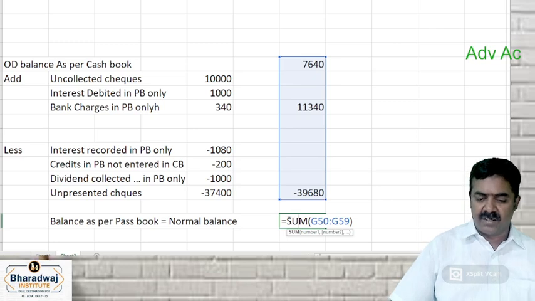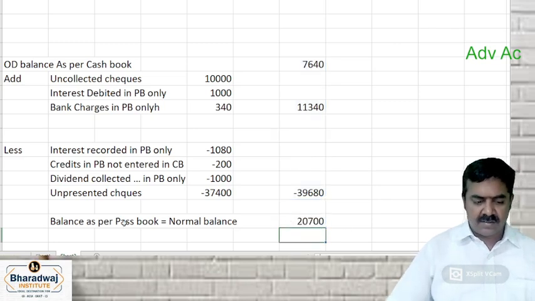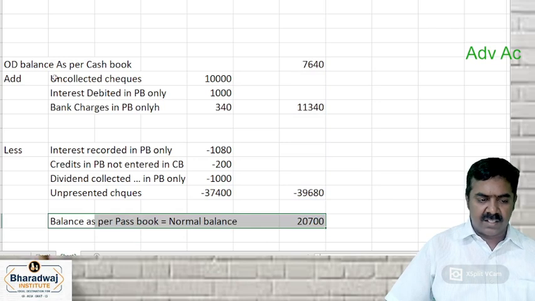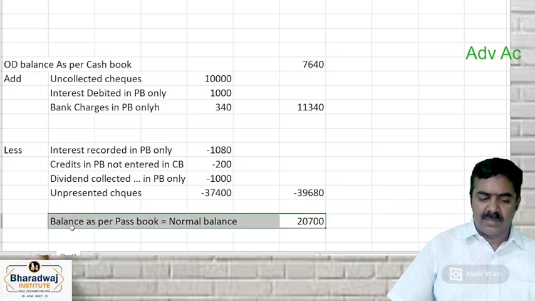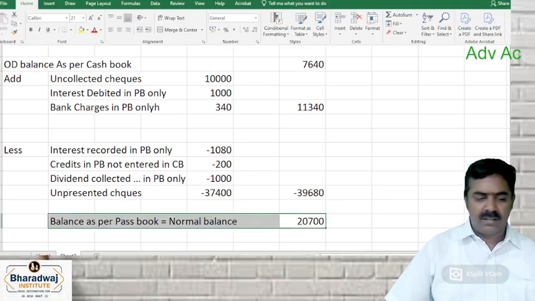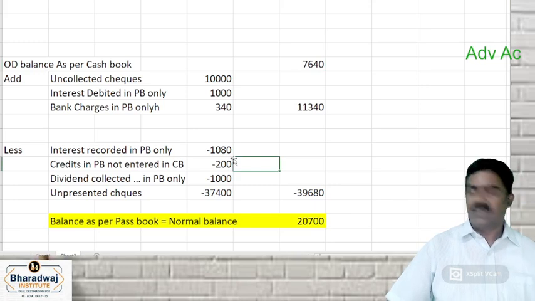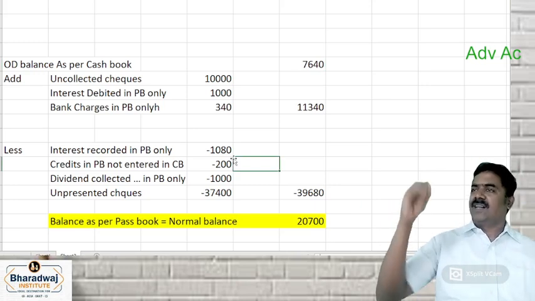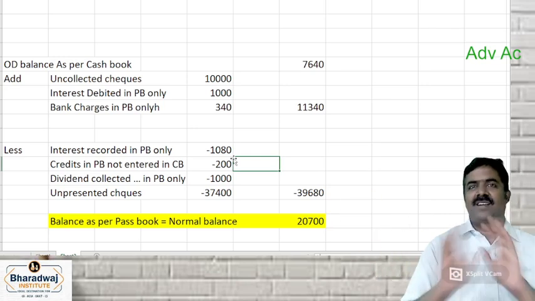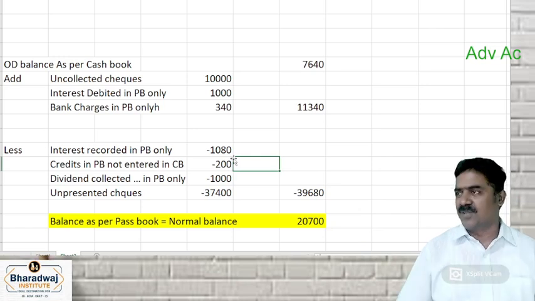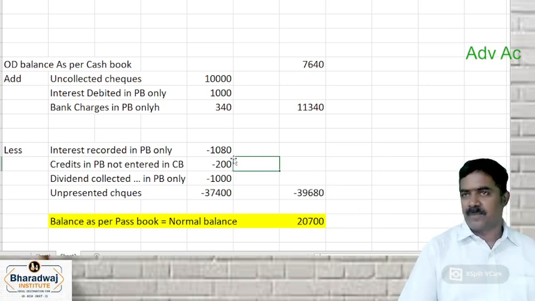Minus போட்டு காட்டாதீங்க. Take it as a normal balance. It's a normal balance as per passbook. Start பண்ணது OD balance. OD balance negative ஆகுதுனா it will become which one? Normal balance as per passbook. So starting point cash bookல OD normal doesn't matter for us. Normal இருந்தா normal adjustment. OD இருந்தா just do the opposite. Just do the opposite. Shall we?